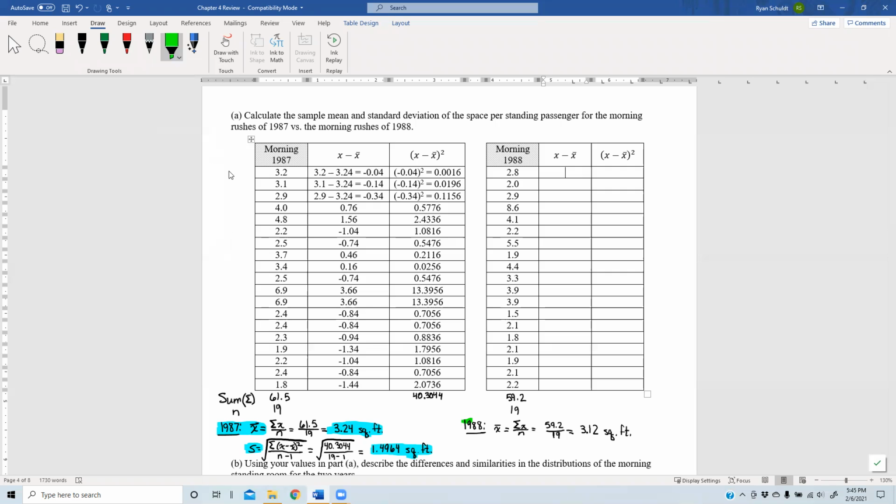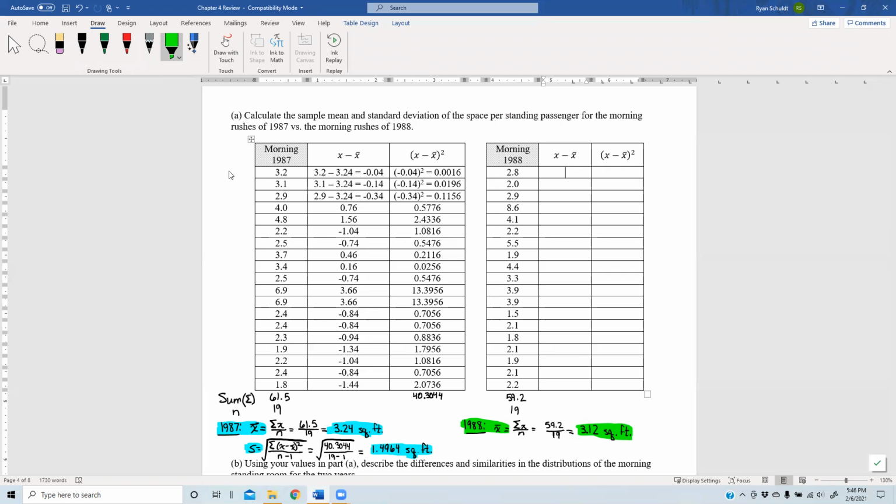Then we need 1988. Our mean is 3.12 square feet. And we have yet to calculate the standard deviation. So let's do it.